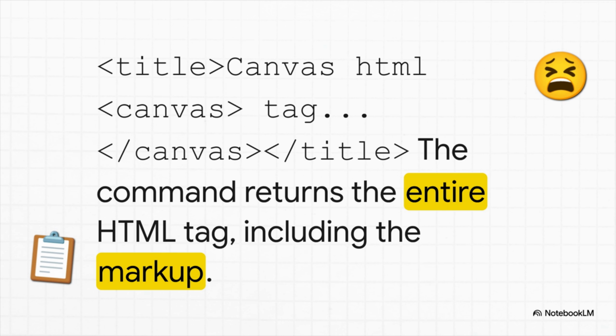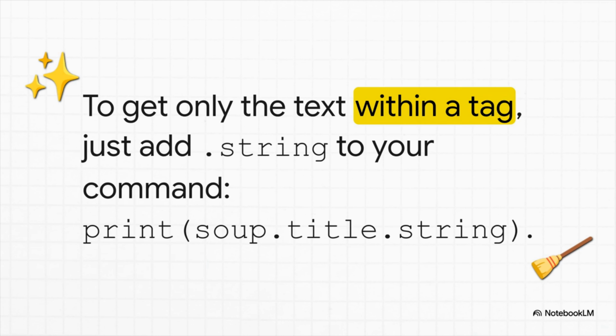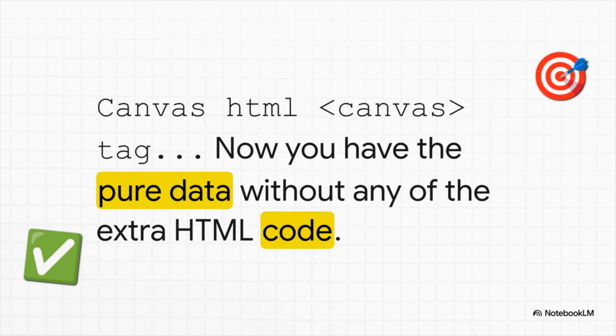Now this is great. It's accurate, but it's still got all that code wrapped around. But what if we only want the text inside? The clean stuff? Well, that's easy. We just add .string to the end of our command. And there you go. No more HTML code, no more brackets, just the clean text we were looking for. This simple little process, finding a tag and then grabbing just its string, that's really the core of what makes BeautifulSoup so incredibly powerful.